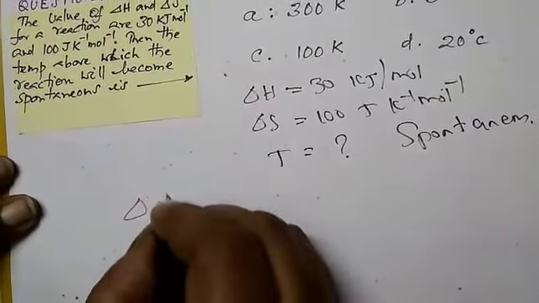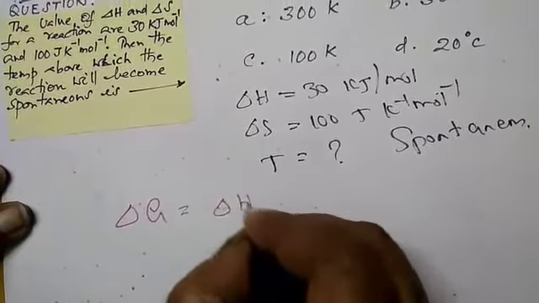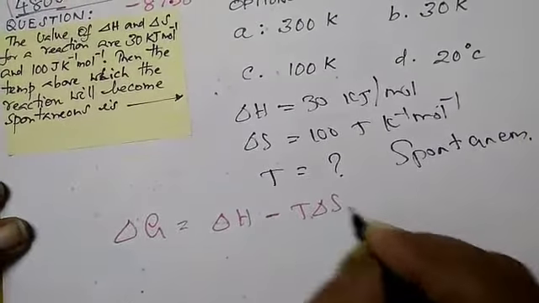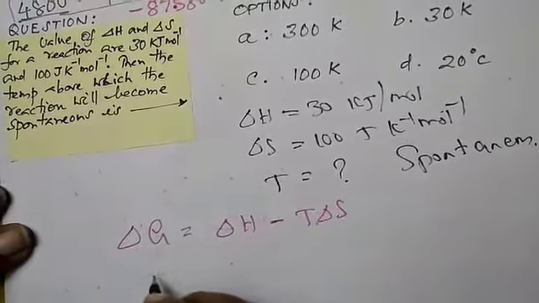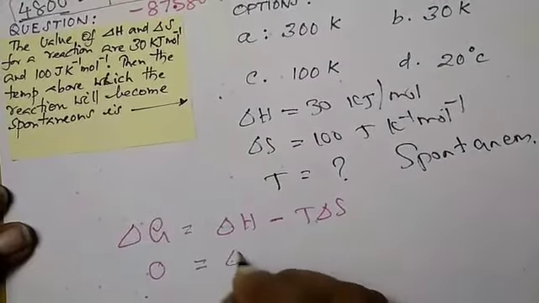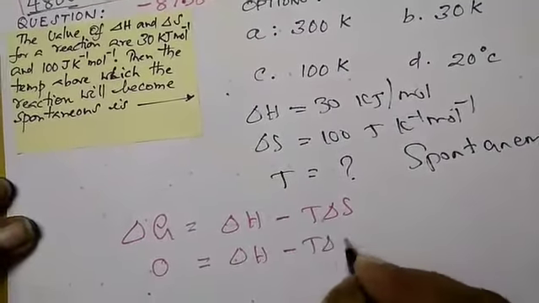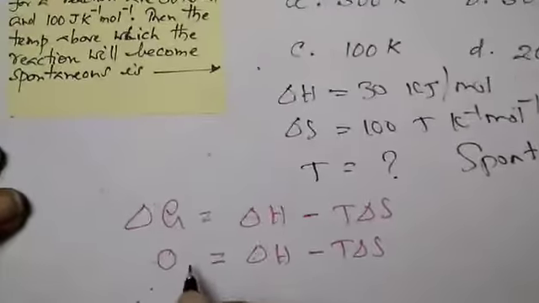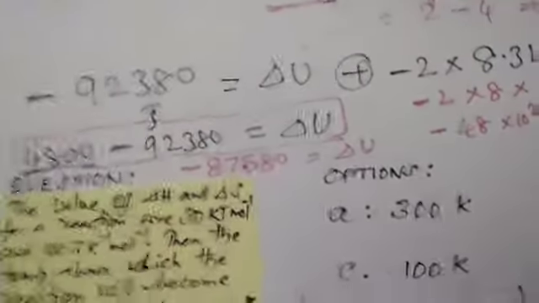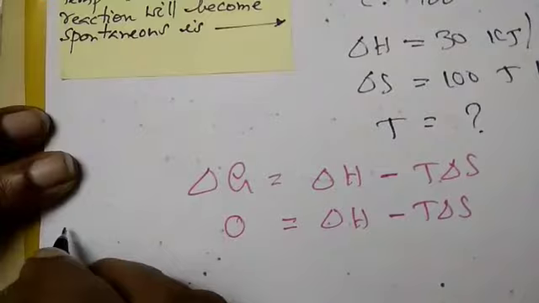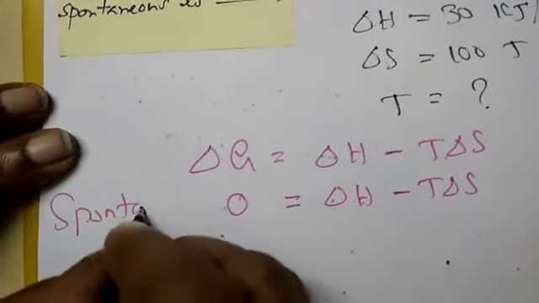Now the formula is delta G is equal to delta H minus T delta S. For the spontaneous condition, delta H minus T delta S, let us keep it as 0.